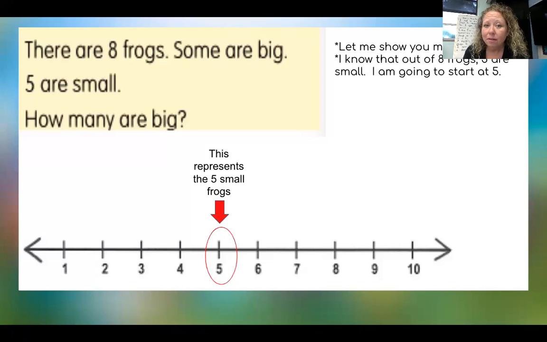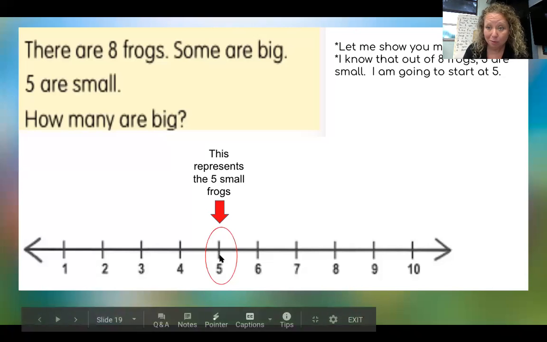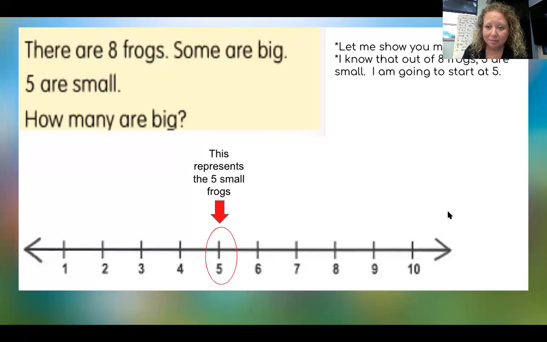I know that out of 8 frogs, 5 are small. So I'm going to start at the number 5 on my number line. This 5 represents the 5 small frogs.